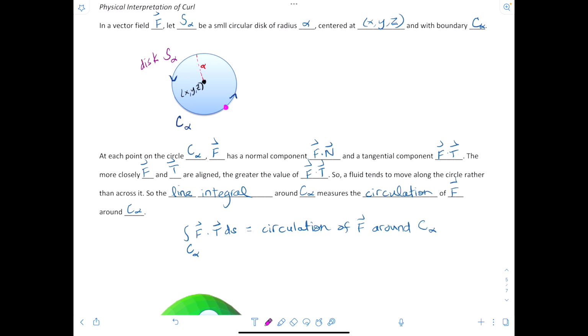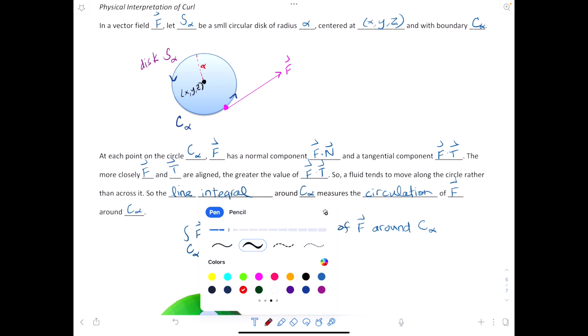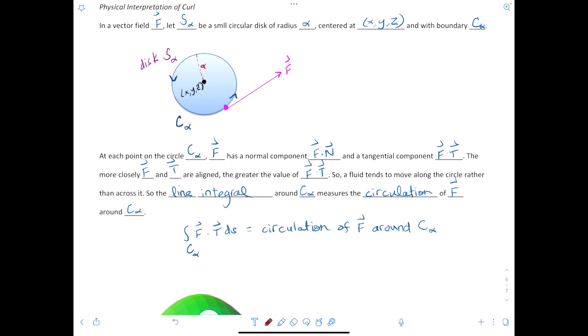So our vector field is maybe something like this at this point, right? So that'll be F at X, Y, and Z, with this X1, Y1, Z1 maybe. And then we have our tangential component. So something like this would be our T.